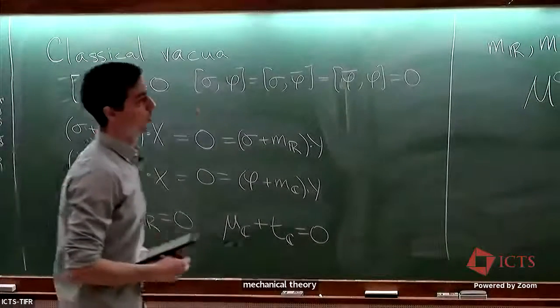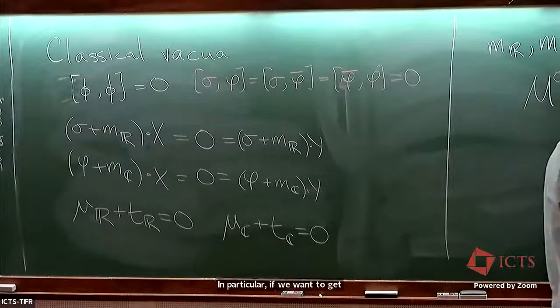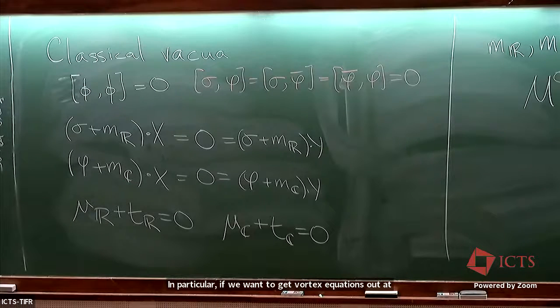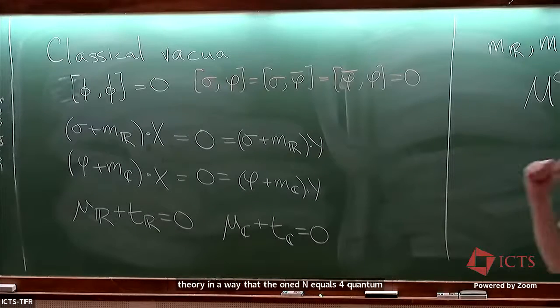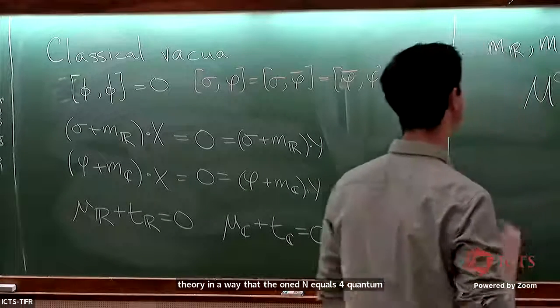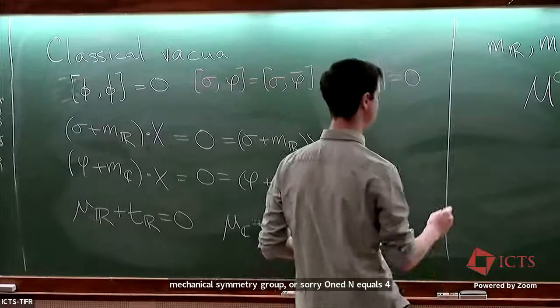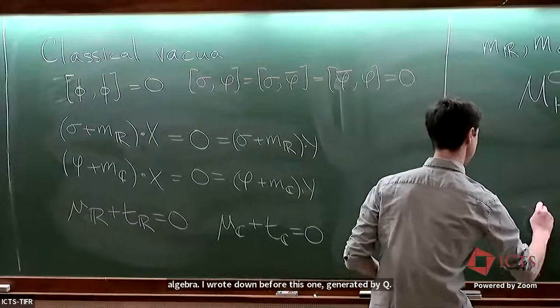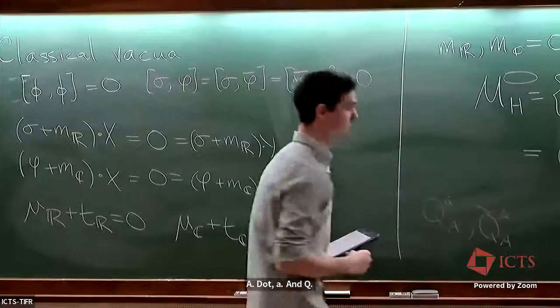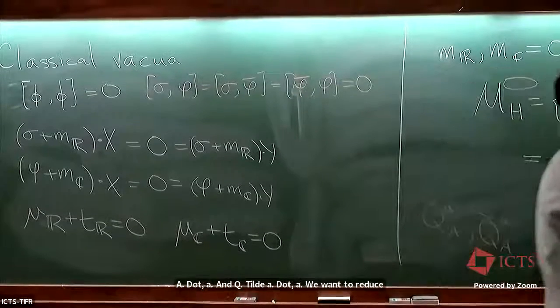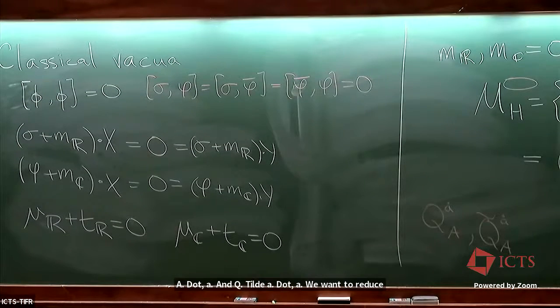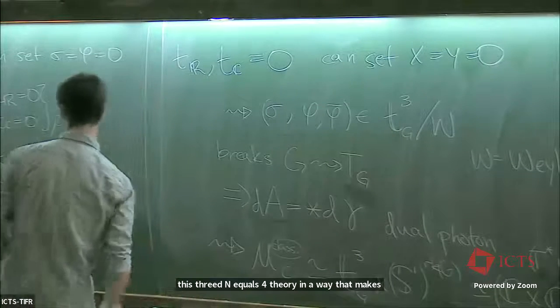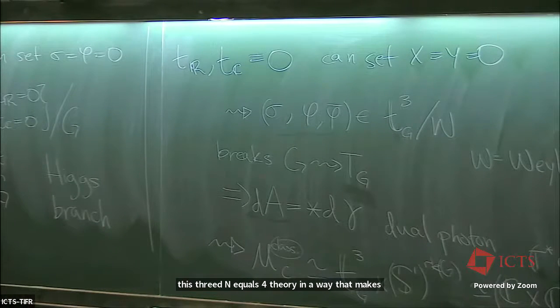In particular, if we want to get vortex equations out at the end of the day, we're going to want to reduce this theory in a way that makes manifest an action of the 1D n equals 4 supersymmetry algebra I wrote down before, the one generated by Q A dot A and Q tilde A dot A. We want this to be a 1D subalgebra of the 3D n equals 4 supersymmetry algebra.